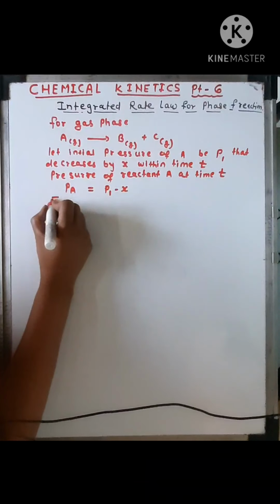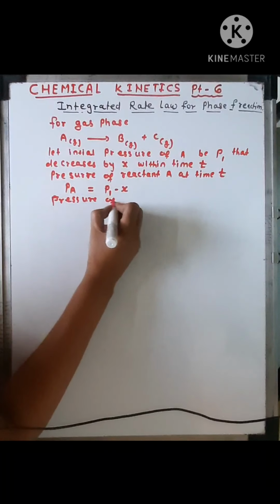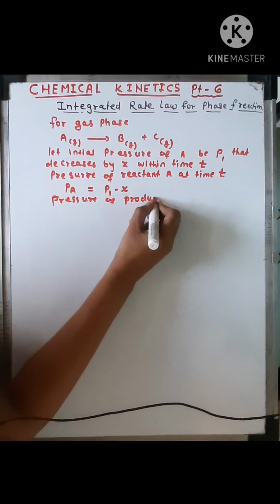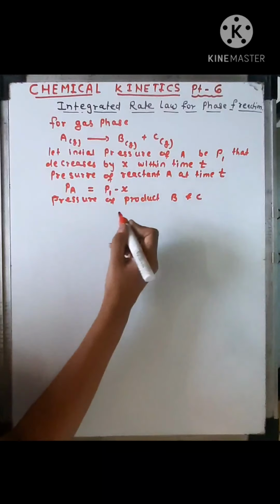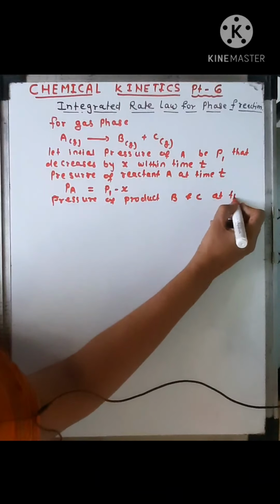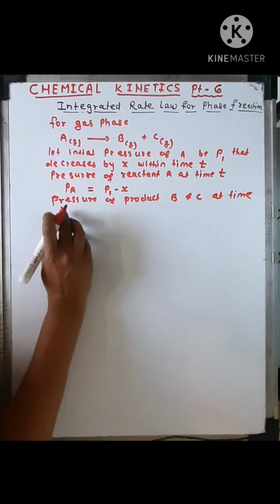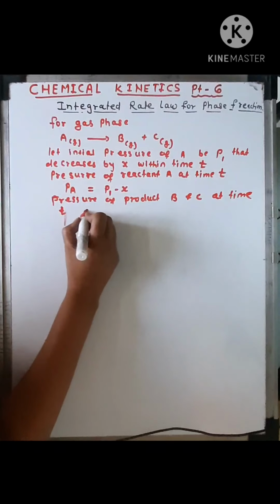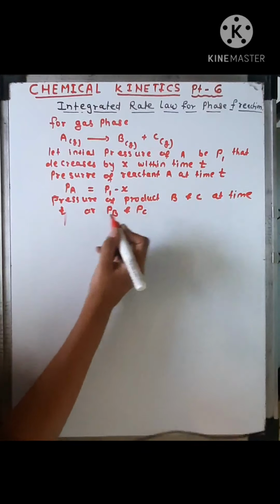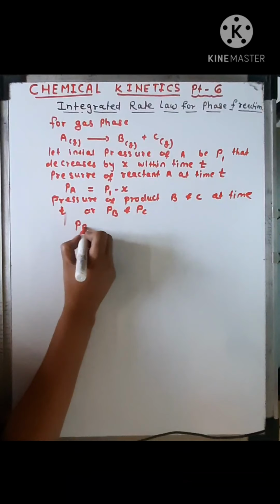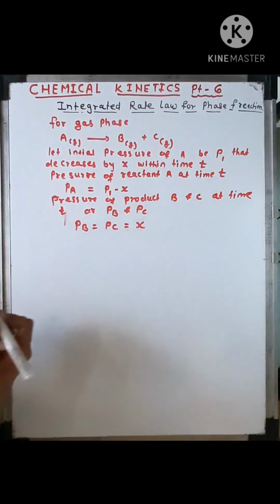And the pressure of products, that is B and C, at time t are PB and PC, and PB is equal to PC is equal to x.